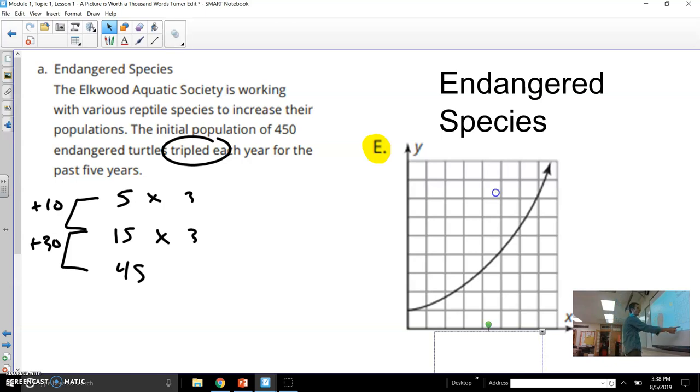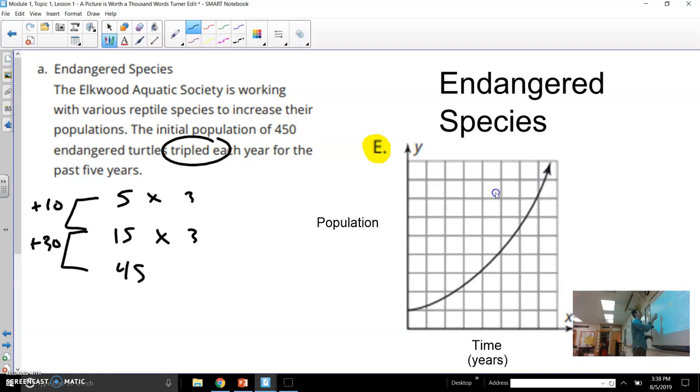So we have on the bottom, what I would argue is over time, your population will change, and based on how long of a time period goes by, that will ultimately tell you the population. So we definitely want to identify population as the dependent variable. And we want to think of the time in years as the independent variable.